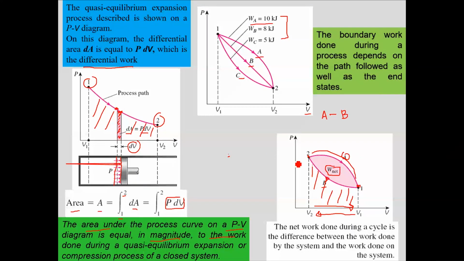So the net work done during a cycle is the difference between the work done by the system and the work done on the system. If I take the system from 1 to 2, I am doing work on the system by compressing it. And if the system moves from V2 to V1, the system is expanding, so this work is being done by the system. Anyways, in a cyclic process following two different paths between the same two states, you will have some net work available to you.